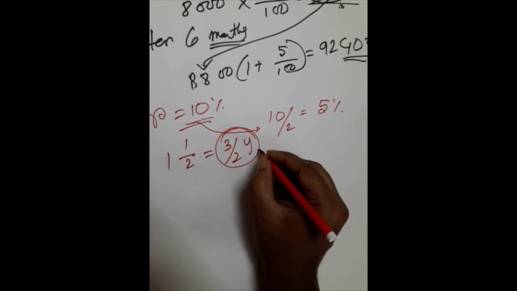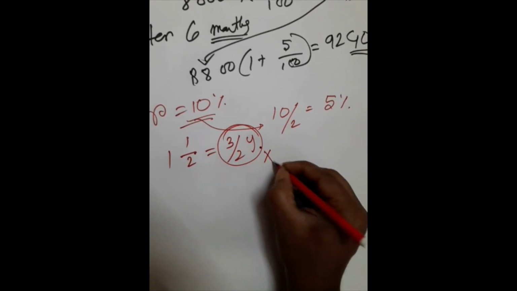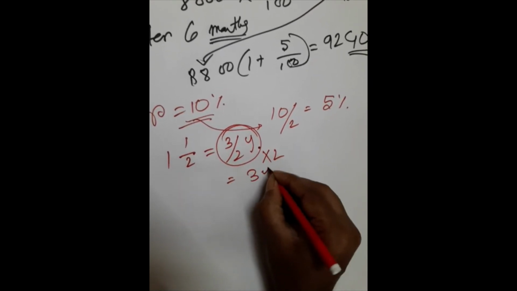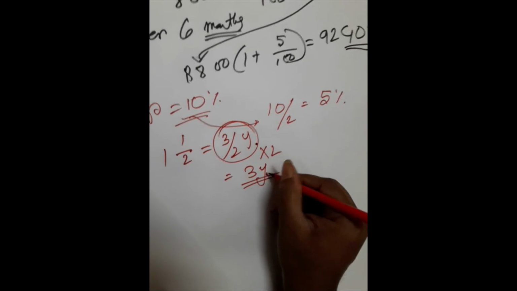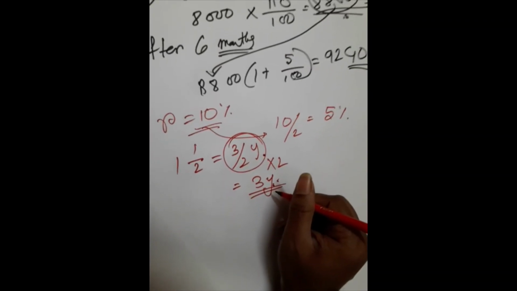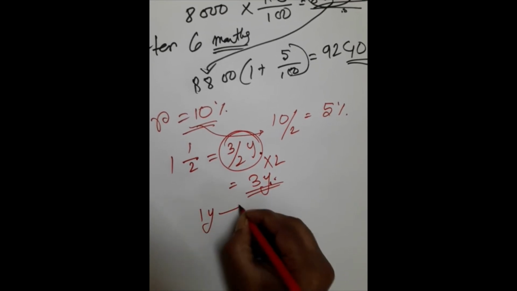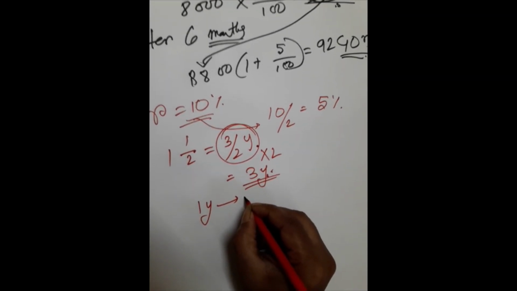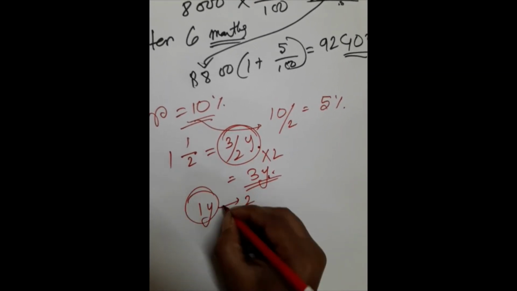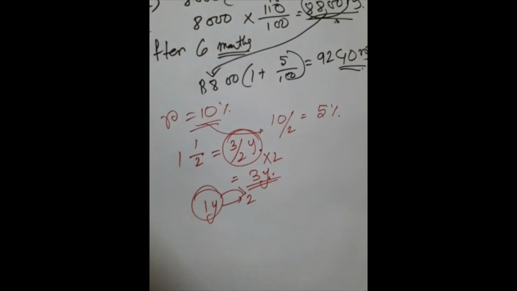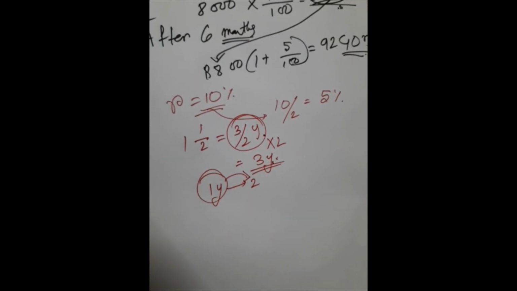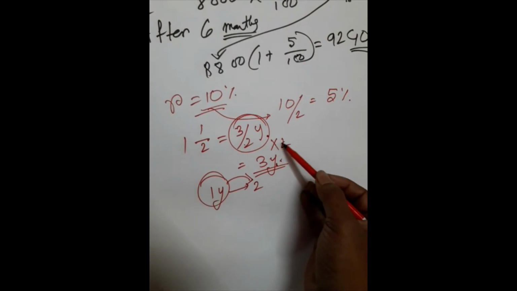This 3/2 years must be multiplied by 2, which is 3 years. Why must this be multiplied by 2? Because when we are talking about half yearly or semi-annually, in 1 year you get interest 2 times, or the bank calculates twice in a year. So if it is 3/2, you have to multiply by 2, so 3 years.